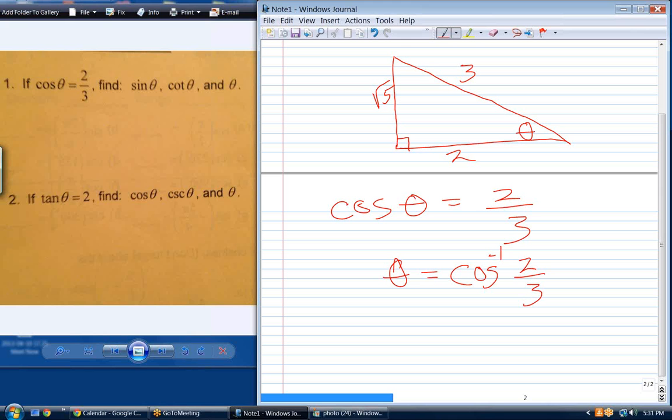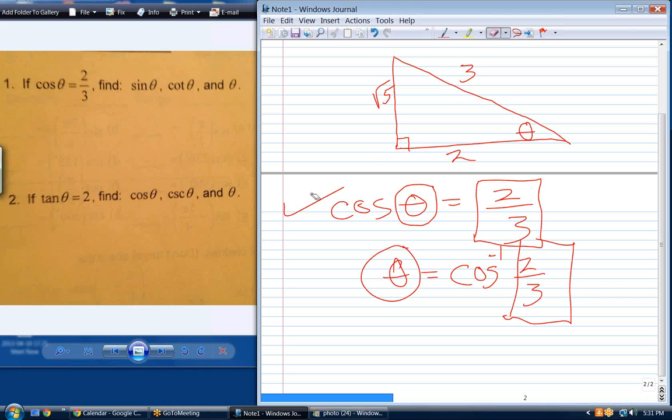If I say the cosine of theta, remember this is an angle, this is a number. If the cosine of some angle is equal to 2 over 3, then that angle is equal to the inverse cosine of the number. That's still an angle, that's a number now. So the argument of inverse trig functions is always a number, not an angle, and it always produces an angle.